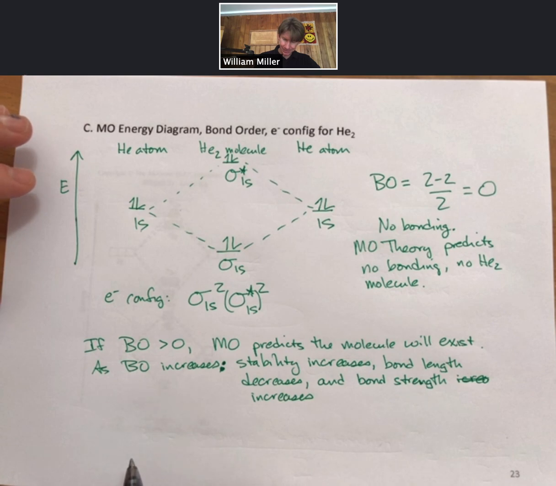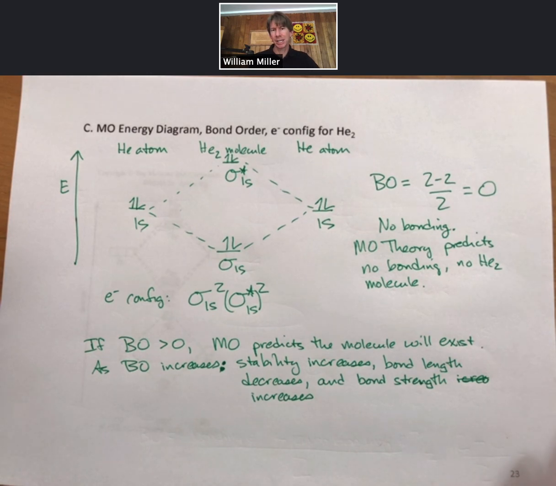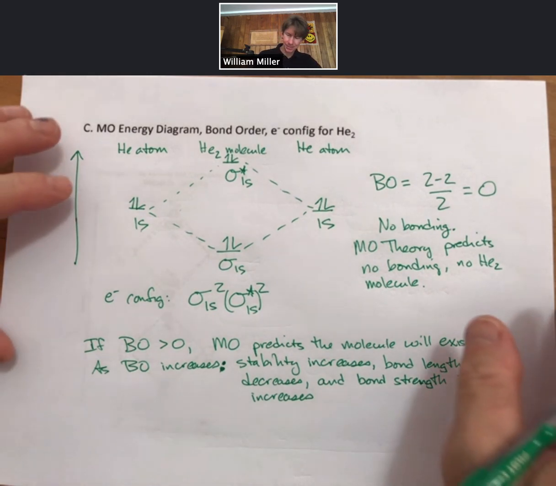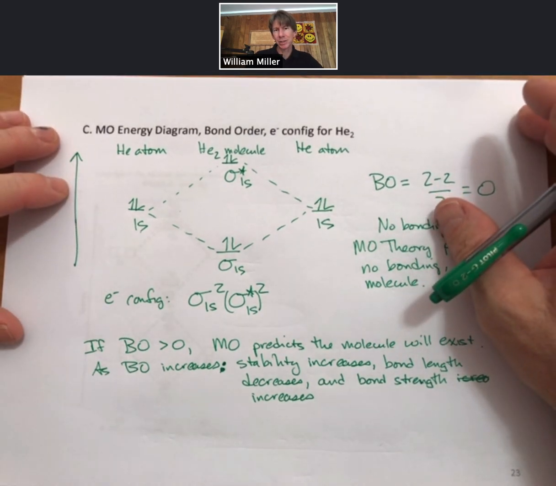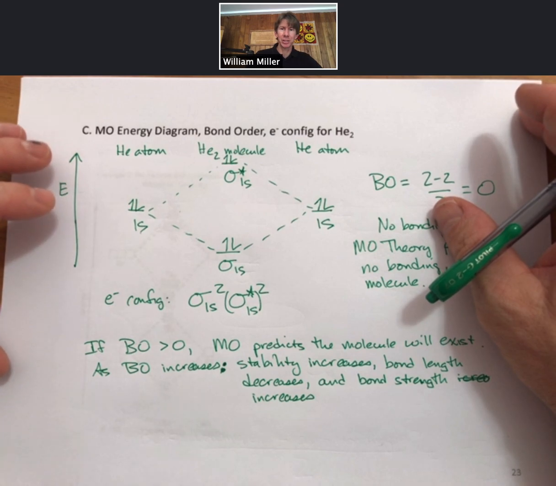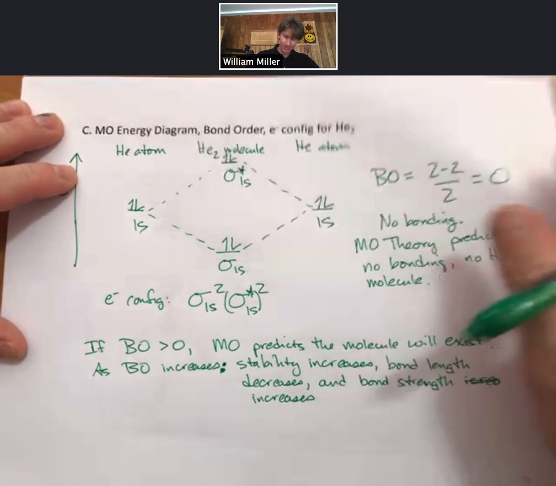We'll also see non-integer bond orders, and that's okay too, although that's different. We had to handle non-integer bond orders with resonance structures and Lewis structures before. Okay.